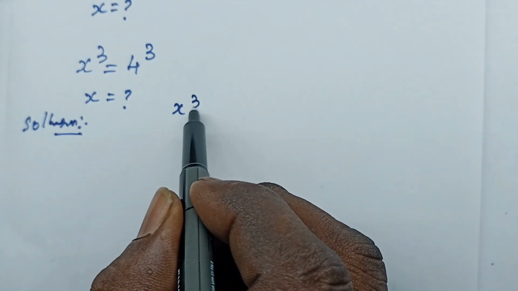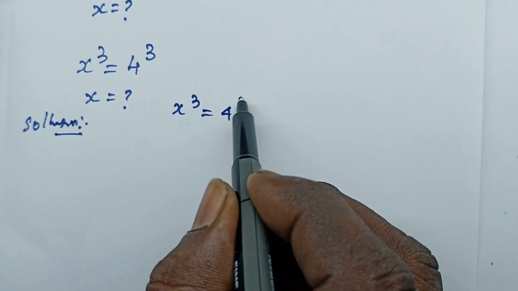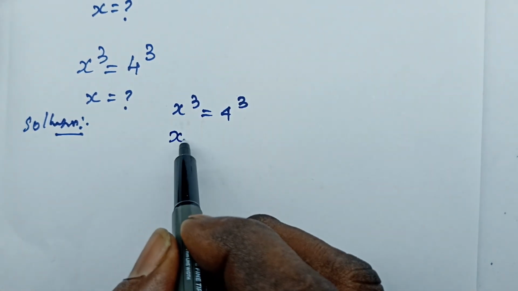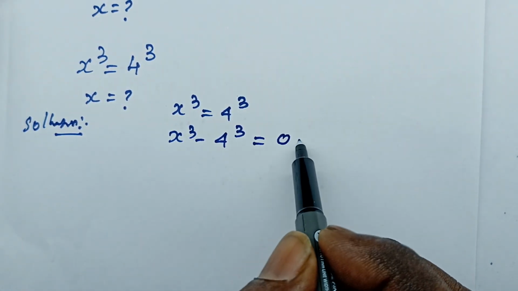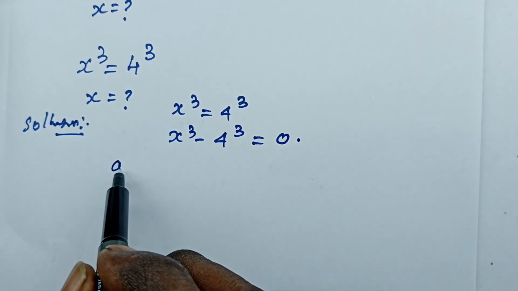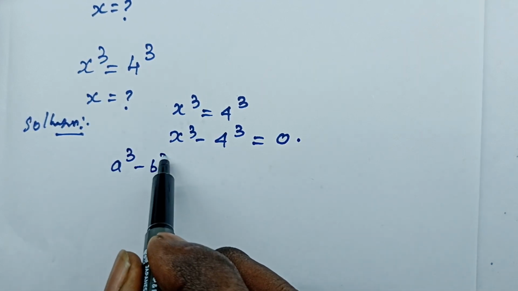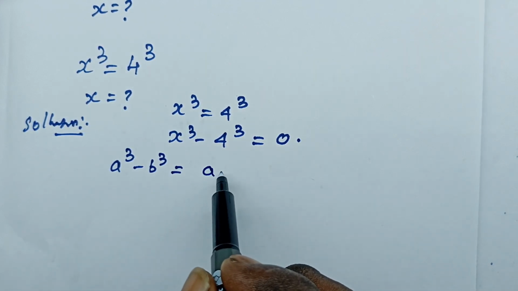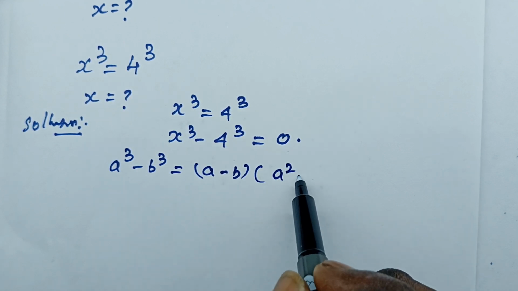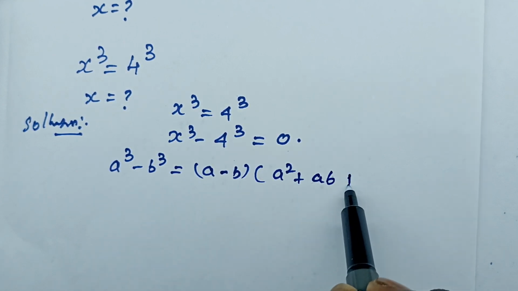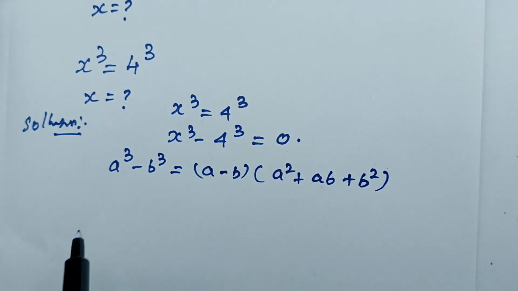x power 3 equal to 4 power 3. x power 3 minus 4 power 3 equal to 0. a power 3 minus b power 3 equal to (a minus b)(a squared plus ab plus b squared).